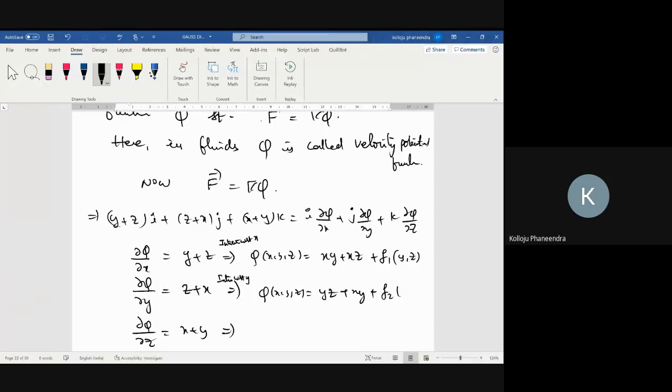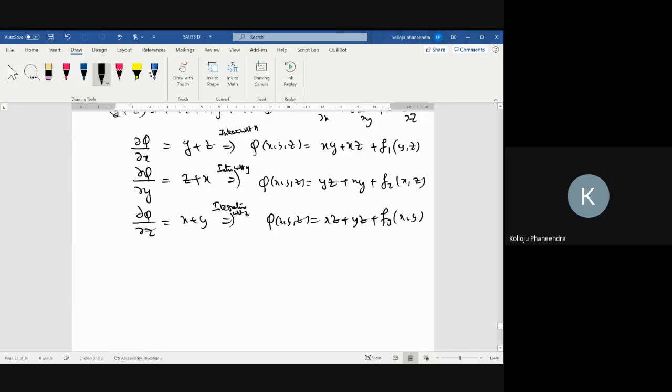What are the constants here? x and z are constants. Same logic, integrating with respect to z, phi of xyz equal to xz plus yz. And what are the constants?